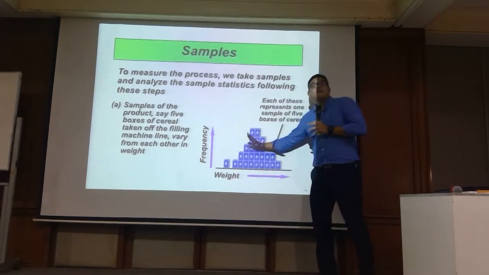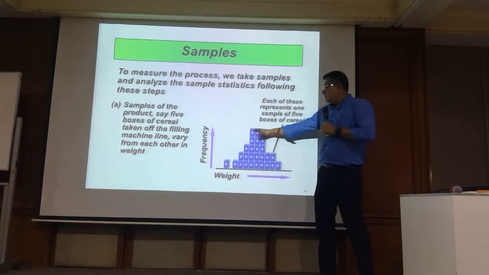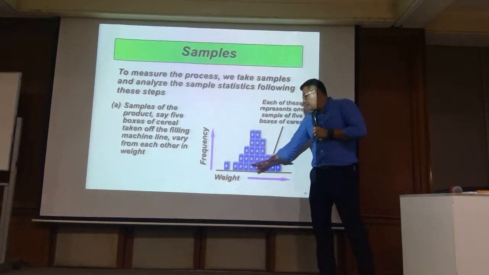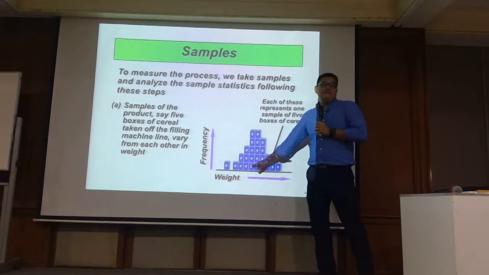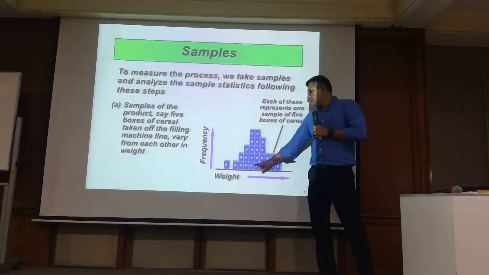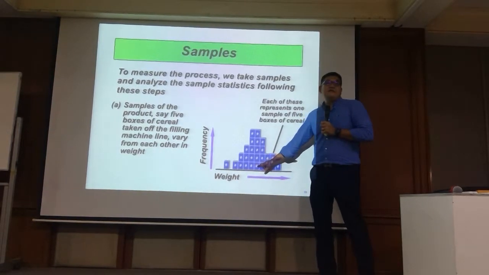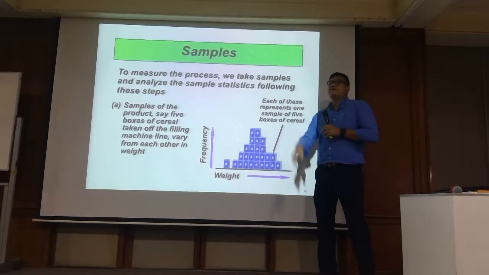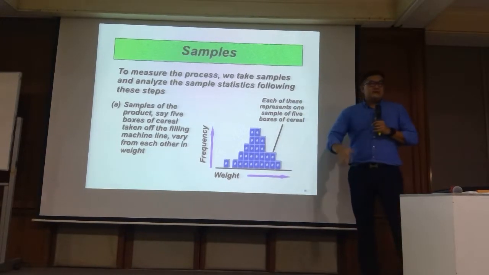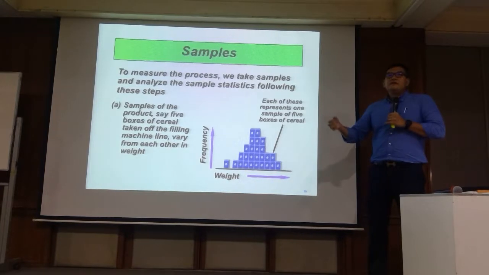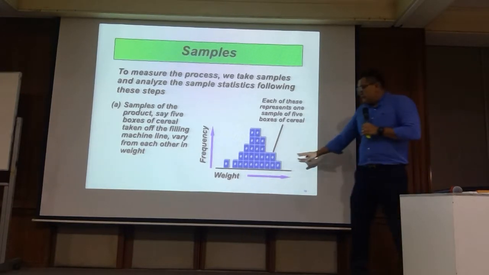We're going to have a variation. So maybe this box is 500 grams, and this one is 500.02 grams, something like that. So we're going to have some variation. And if I do this every hour, again and again, I'll record.